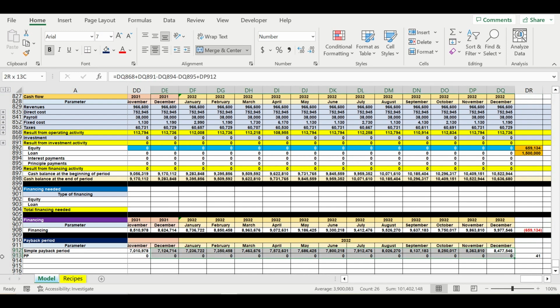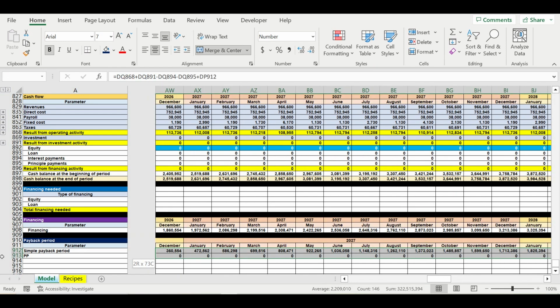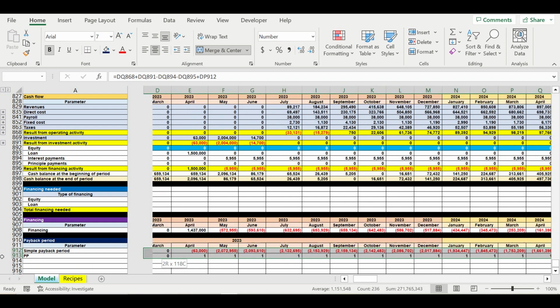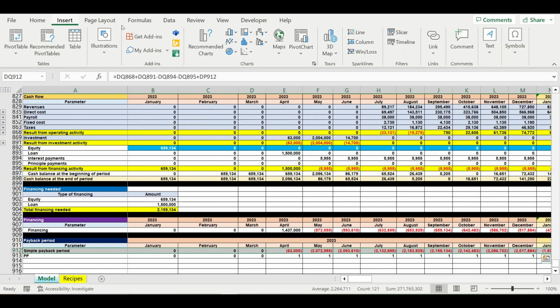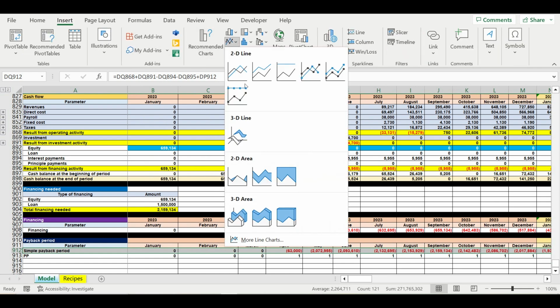Let's select this line. Let's insert, then select the diagram type.